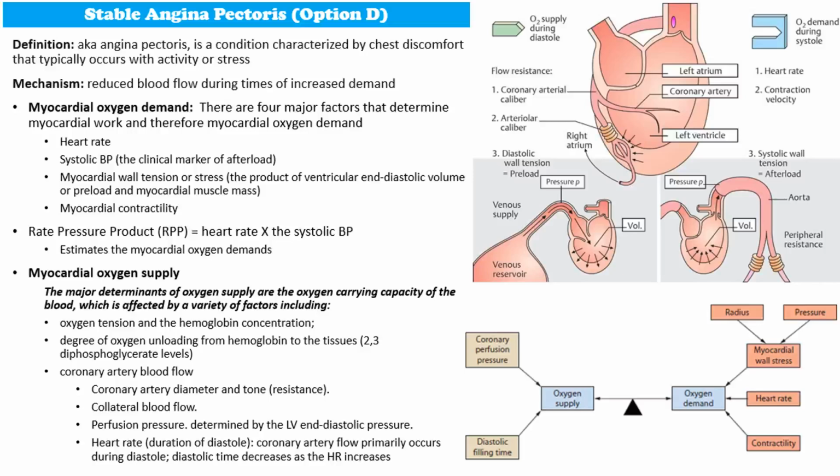Additionally, coronary artery spasms, temporary constrictions of the artery walls, can reduce or halt blood flow to the heart muscle. Ensuring a balance between oxygen supply and demand is crucial for the healthy functioning of the heart and to prevent conditions such as myocardial ischemia.